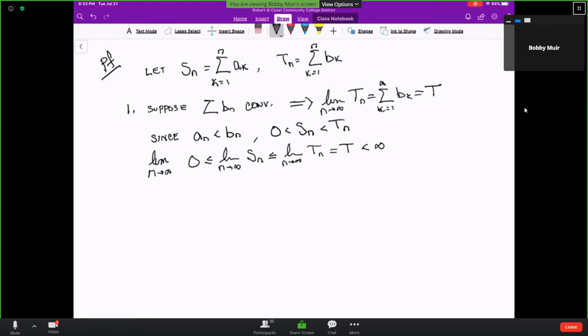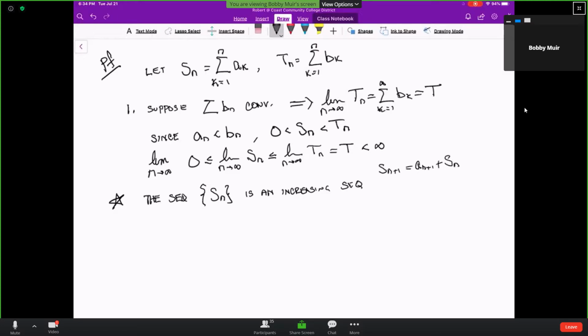Okay, so let's look at the sequence Sn. Eduardo, make sure you get this all down carefully. This sequence is an increasing sequence because Sn plus 1 is equal to An plus 1 plus Sn.